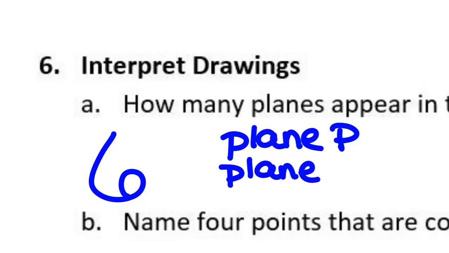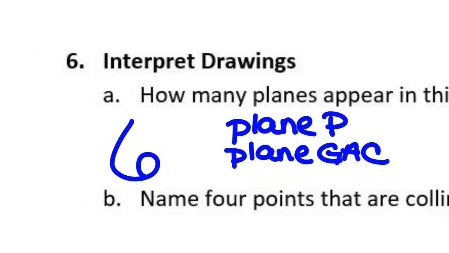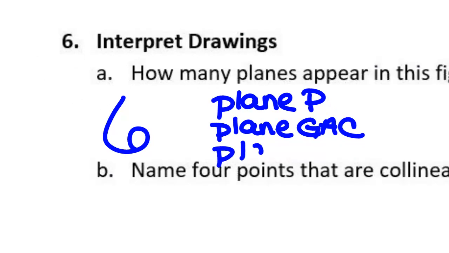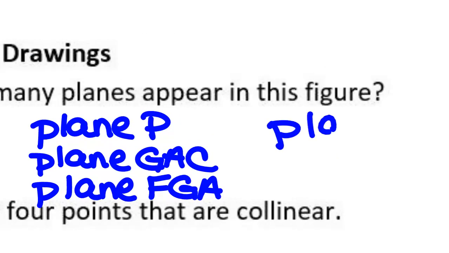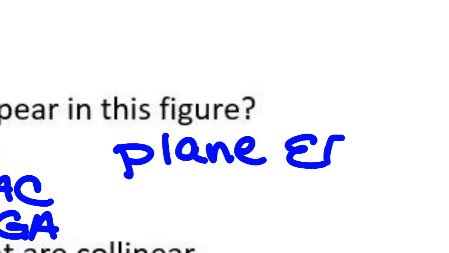Plane GAC. Okay. What else did we have? Plane FGA. FGA. What else? EFA.